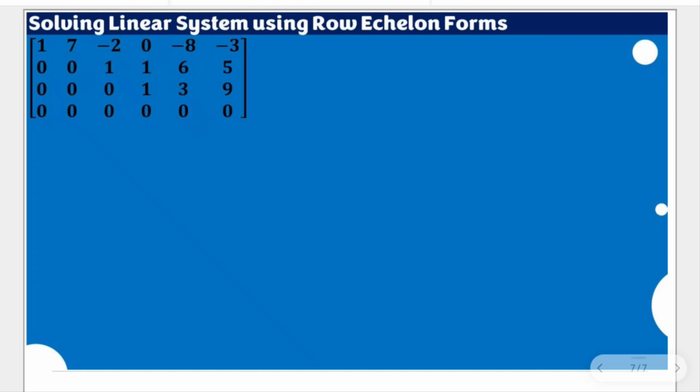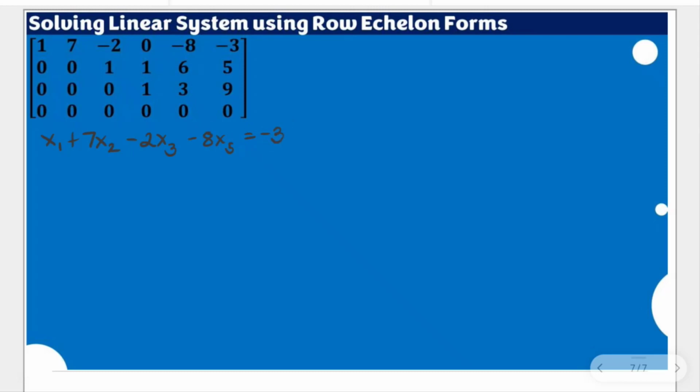We are going to come up with equations that are equivalent to the specific rows using, again, the mentioned variables. The first row would be x sub 1 plus 7 x sub 2 minus 2 x sub 3 plus 0 x sub 4, so it's just 0, minus 8 x sub 5 equal to negative 3.